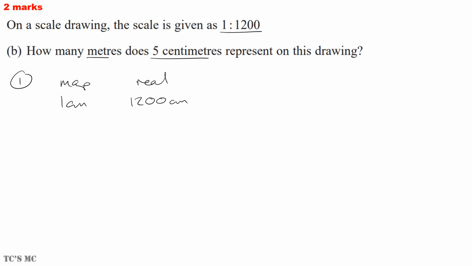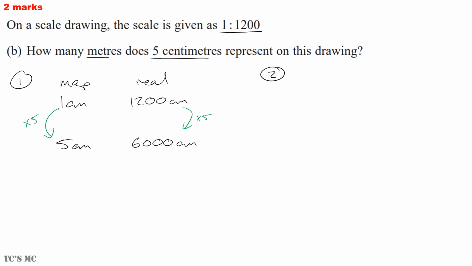We need to work out how much 5 centimeters represents in real life. To go from 1 to 5, we need to multiply by 5. Therefore, we must do the same on this side, and we get 6,000 centimeters. And now we have 1 mark.